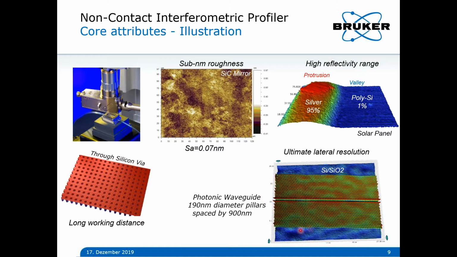In that case, you see an example of a photonic waveguide or crystal with hexagonal patterns of silicon oxide pillars inside silicon, and these pillars are 190 nanometers in diameter, spaced by less than a micron, and you nicely see that each one is nicely isolated, reaching a true lateral resolution of 200 nanometers. So you can apply this technique to reach amazing lateral resolution and distinguish line spaces of 200 nanometers, for instance.